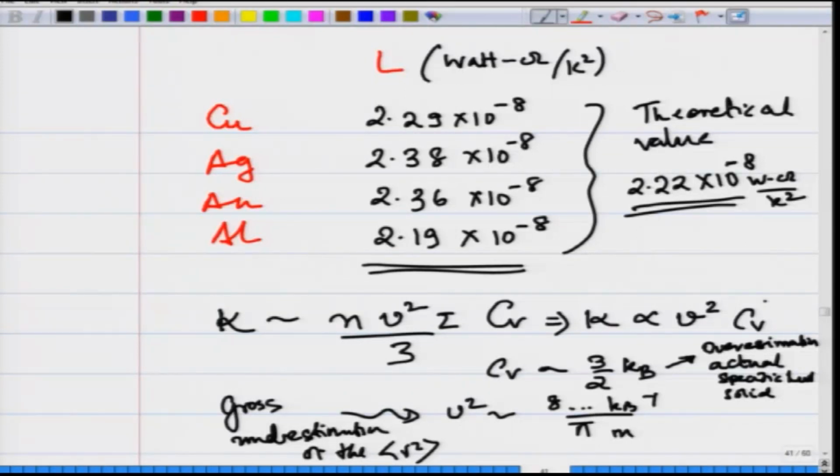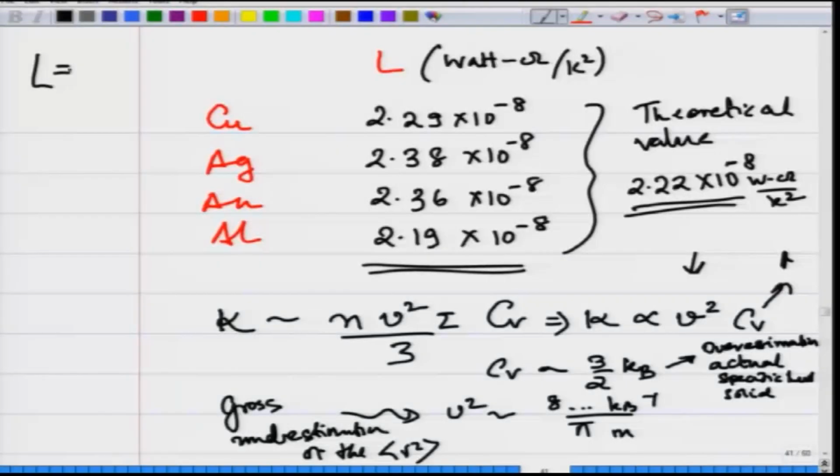So, here you have something which you have overestimated, and here you have something which you have underestimated. You have taken the product of the two, and actually lo and behold it turns out to be the right value. So, although there were these problems in the Drude's theory, a gross overestimation of the specific heat and an underestimation of the mean square velocity, you ultimately land up with a constant value.